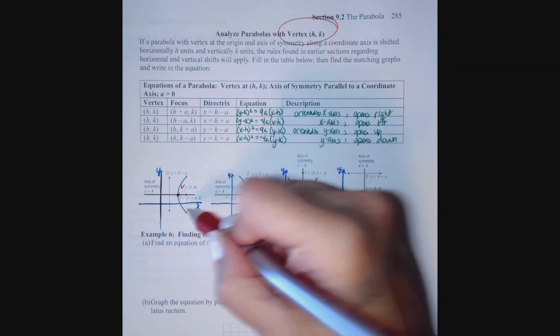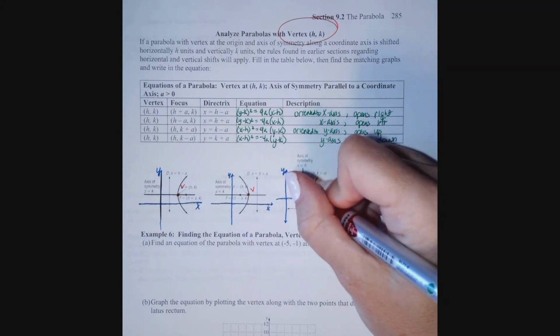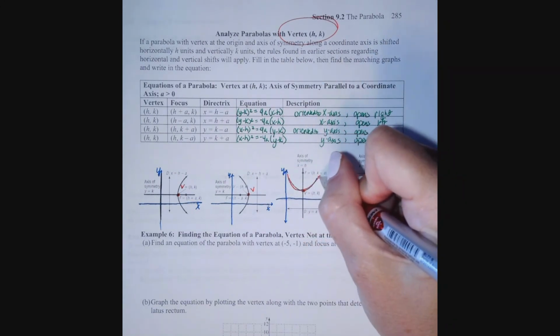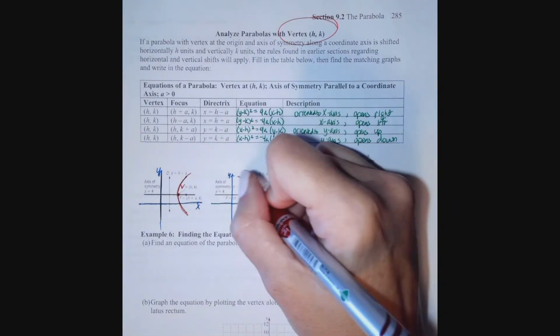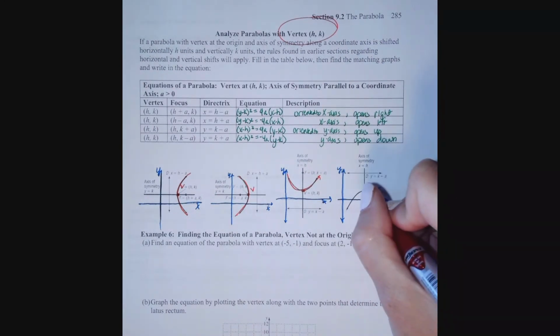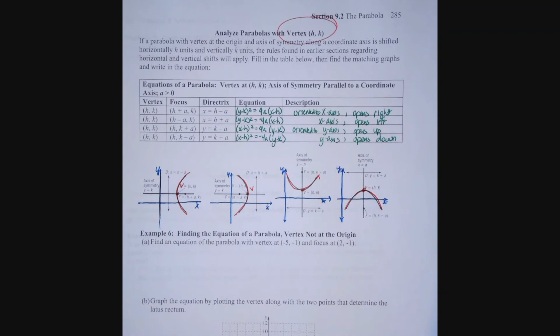This one's open to the right, this one's open to the left, this one is open up. Let's just trace our parabola. We've got one opening to the left, opening to the right, opening up, and then opening down. That's what's important. It's not what quadrant our vertex is in, it's where my parabola is opening.